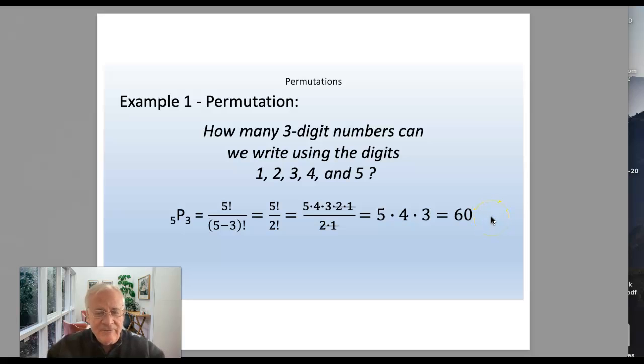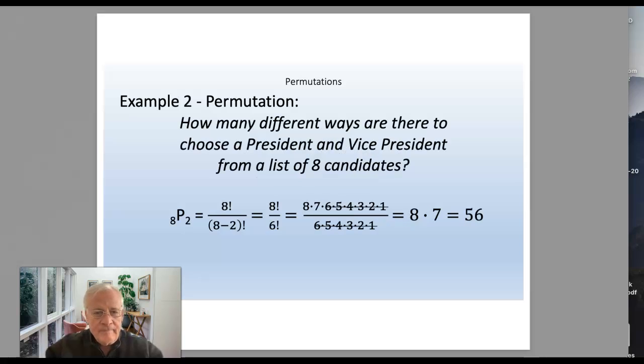And you can think of it like this. When it's 5 permutate 3, starting with 5, you pick the first 3 numbers in the factorial sequence: 5, 4, 3.